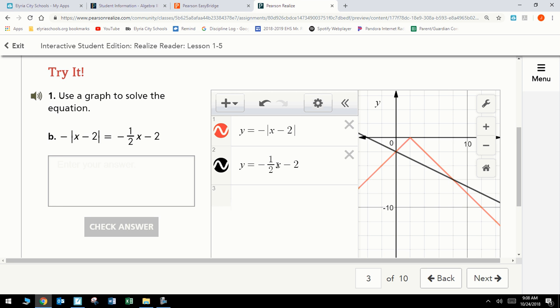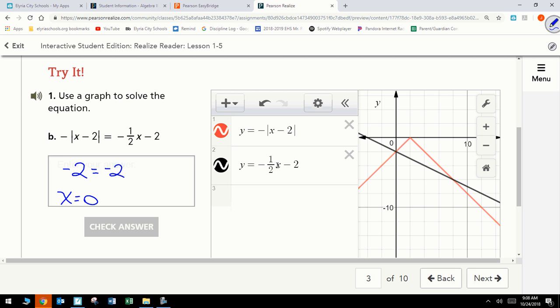So if I plug in 0 to this equation, 0 minus 2 is negative 2. The absolute value of negative 2 is 2. Put a negative in front of it, it goes back to being negative 2. If I plug 0 into this, I get negative 2. So negative 2 equals negative 2, that's true.